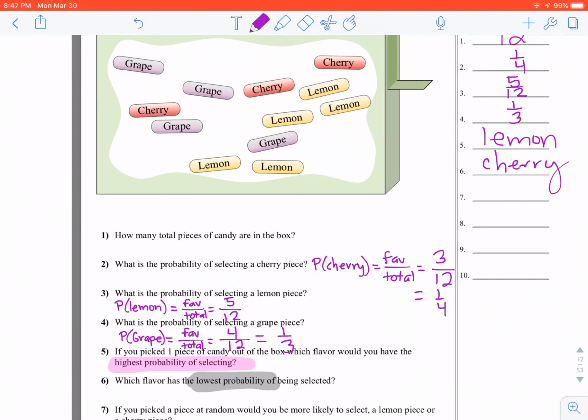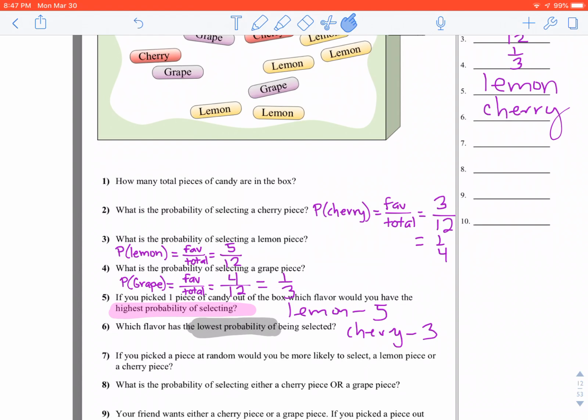I'm going to make a note for you. Because there's only 3 cherry, that's our smallest. The lemon was our highest because there's 5 of them. The grape is just in the middle because there's 4. If it helps you to take the objects that you see in the chart and write down how many of each there are, that is fine, if that makes it easier for you to answer some of these questions.